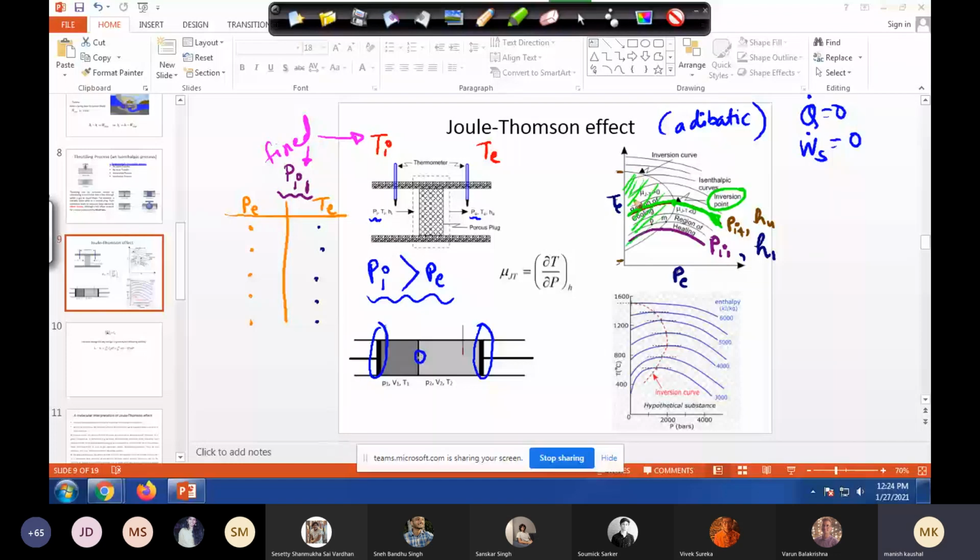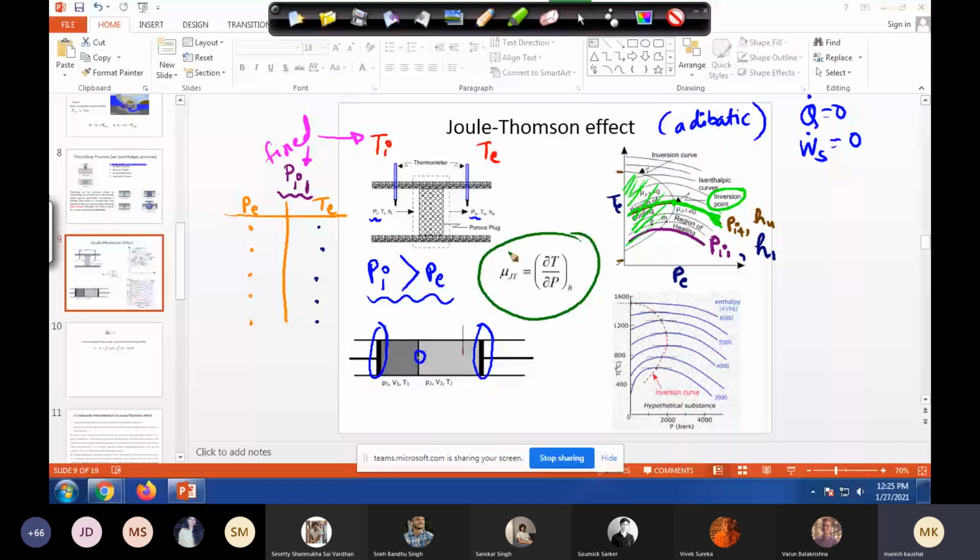This is for a gas at different enthalpies. If you take any curve, this is a curve of T and P. Now I will not mention T and P every time; it is understood that we are talking about exit pressure and exit temperature. What we can define is mu_JT.